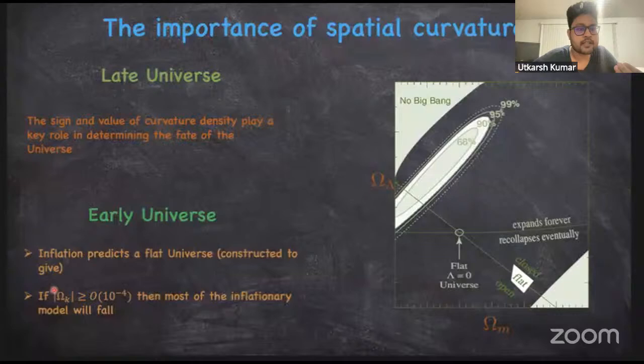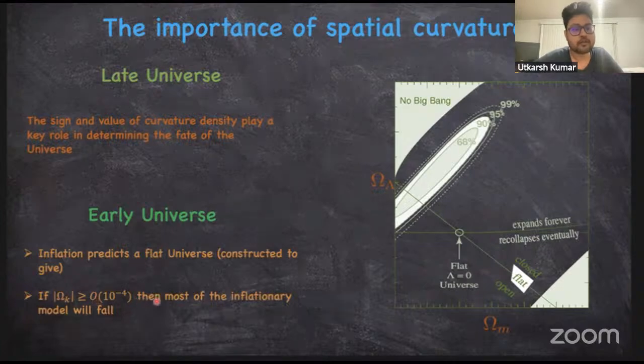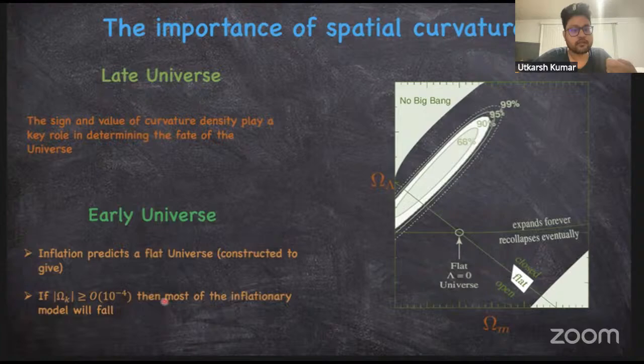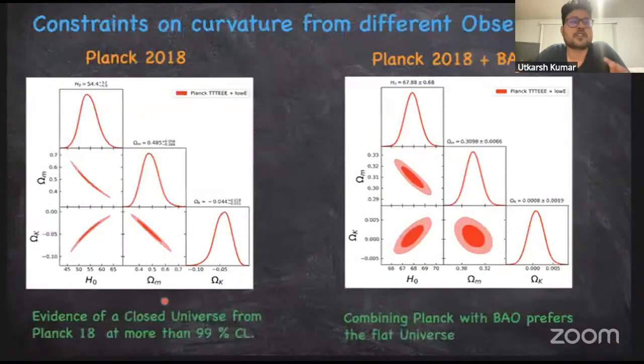Now if we can measure omega k to be of the order of 10 to the power minus 4 or larger, then most of the inflationary models will fail. So these two reasons are the most important for why we should be able to measure spatial geometry from different measurements at different scales.